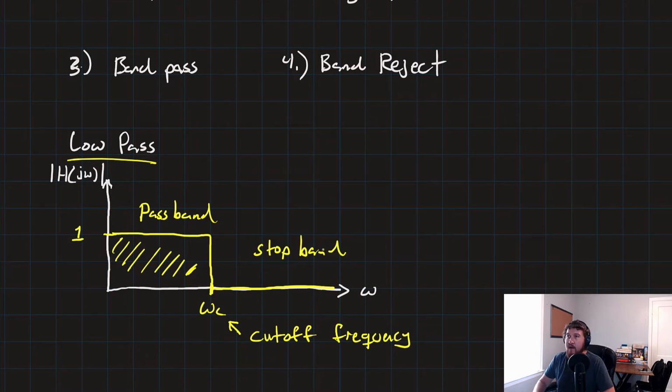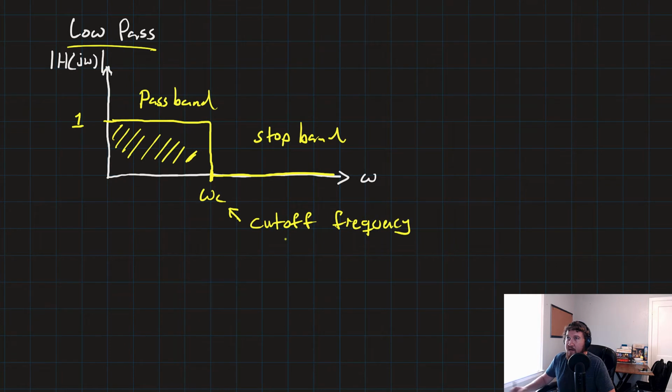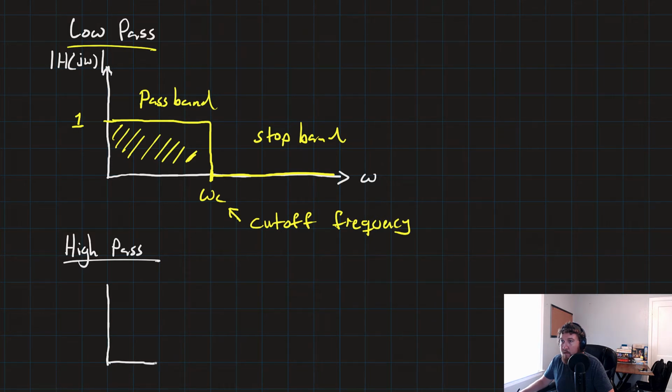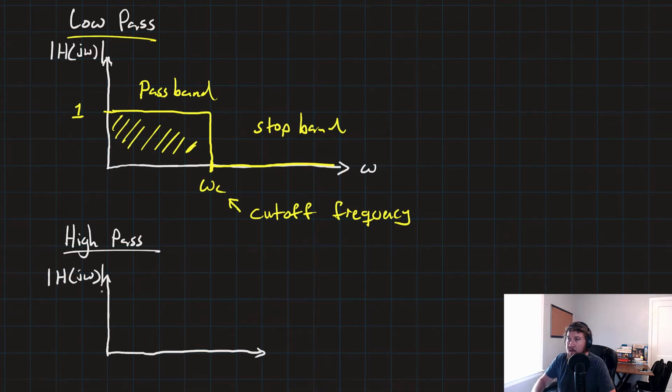Now, for a high-pass filter, it's exactly the opposite. So let's say high-pass filter will have our vertical axis and our horizontal axis. That's still the magnitude of H of j omega.